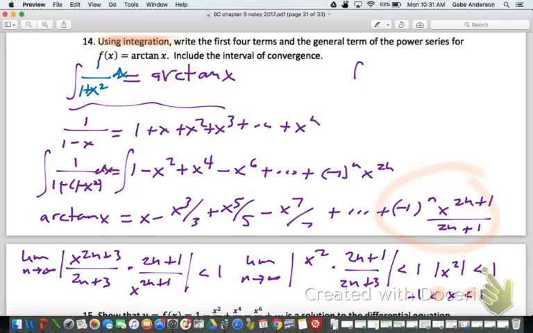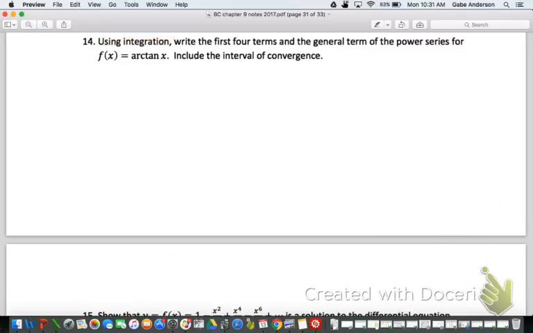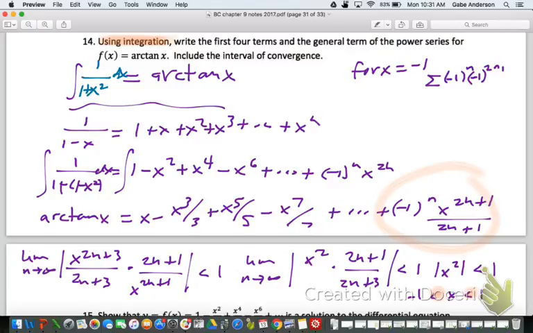So I'd say for x equals negative 1, my series would be sigma, and it would be negative 1 to the n times negative 1 to the 2n plus 1 over 2n plus 1. I keep hitting the erase button. So then you look at that and you say, all right, what's going on?